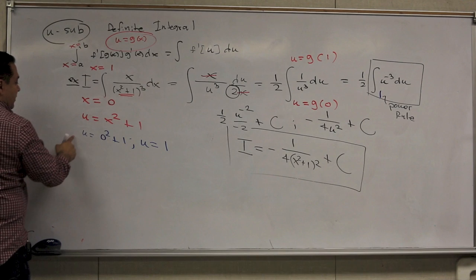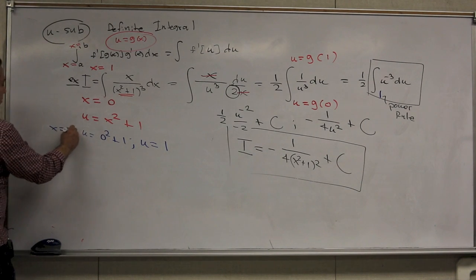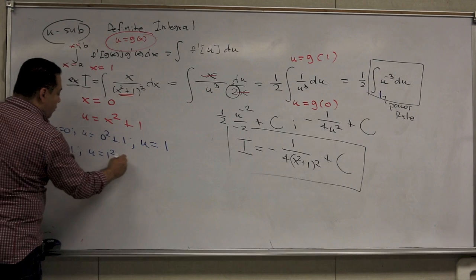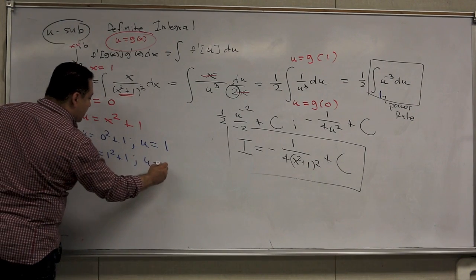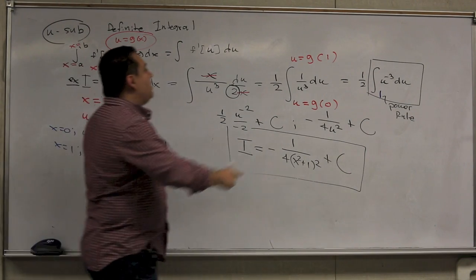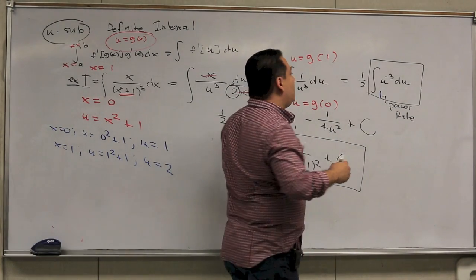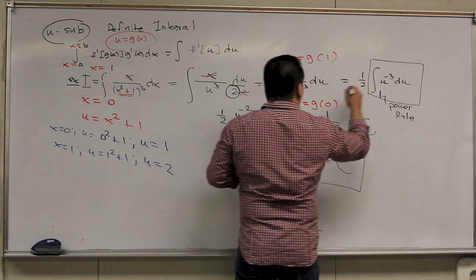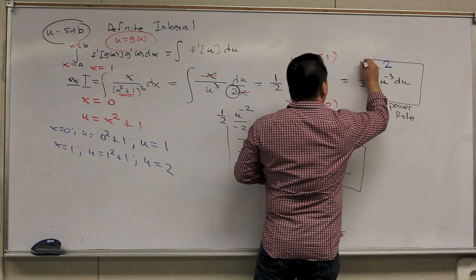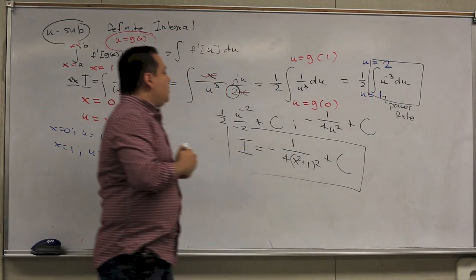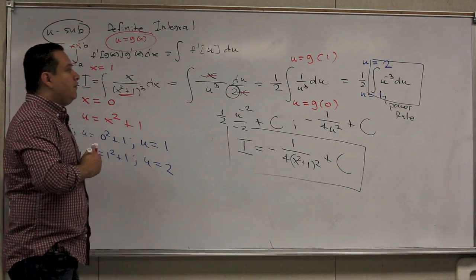And similarly, if x is 1, u becomes what? 1 squared plus 1, our u is 2. So this upper limit of x is 1 corresponds to u is g of 1, or this corresponds to what value? U is what? 2. These are my u values, okay? So these are my new limits.